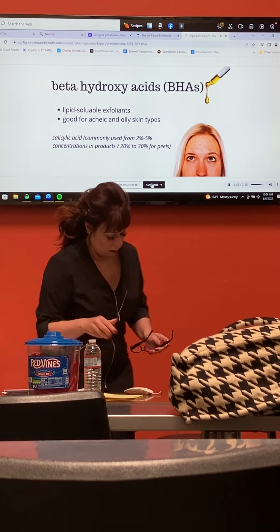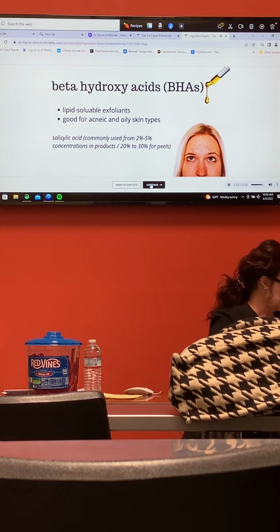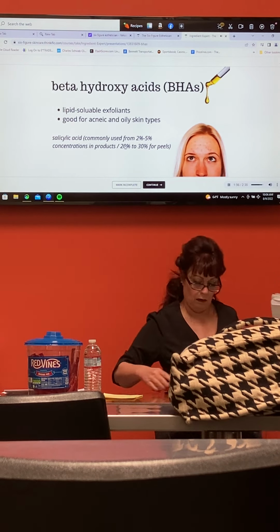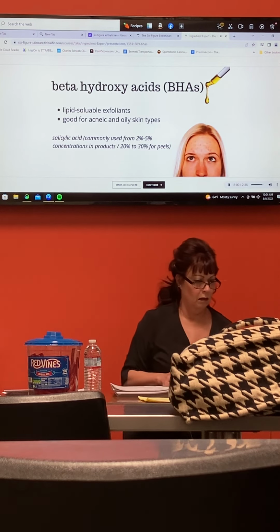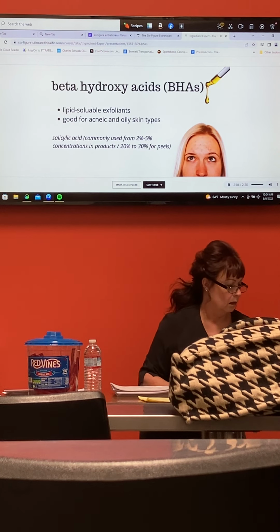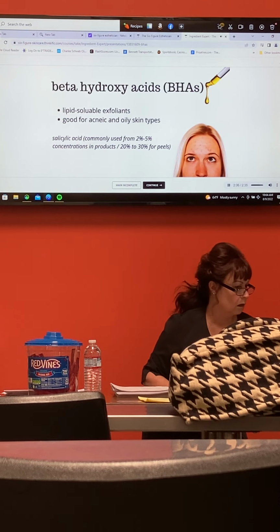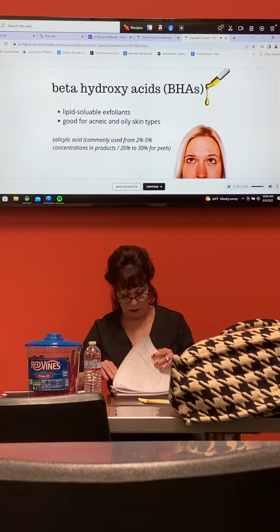The next beta hydroxy acid, I don't have it on here, but it is lipohydroxy acid, which is an LHA. So it's going to be in the same family as the salicylic, but there's a little bit of a variation. Again, it's a lipid-soluble, antibacterial, anti-inflammatory, also making it a great choice for acne.